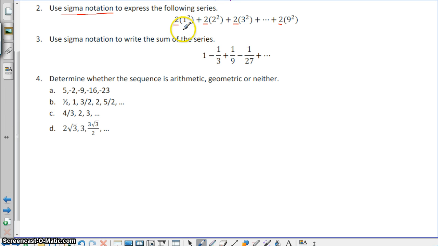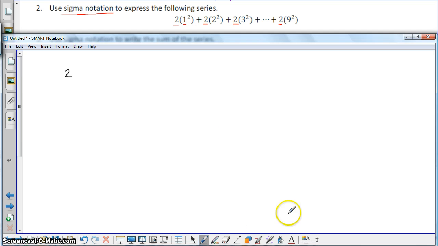If this is the first term, I have the first term squared, second term squared, third term squared. So this is just increasing 1, 2, 3, up to 9. So this looks something like i squared. Notice how the squares stay the same the whole time. So this seems to be my pattern.